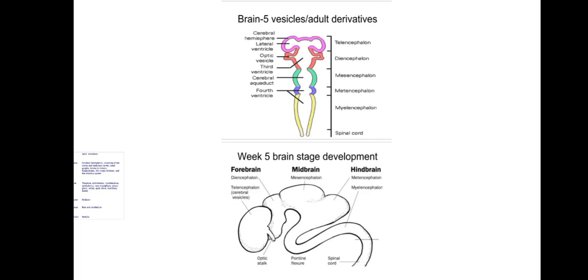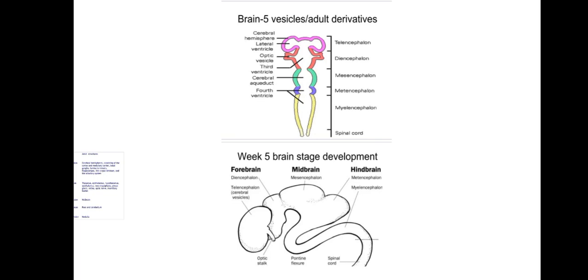At the beginning of week 5, these continue bulging into 5 successive secondary brain vesicles. The 3 primary brain vesicles are: the first one at the anterior part of the neurotube, called the proencephalon; the middle one, called the mesencephalon; and the distal one, called the rhomboencephalon.